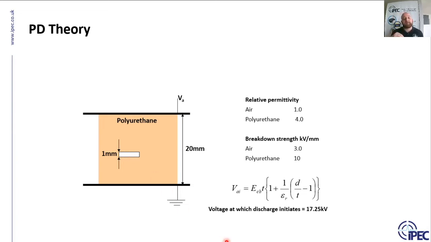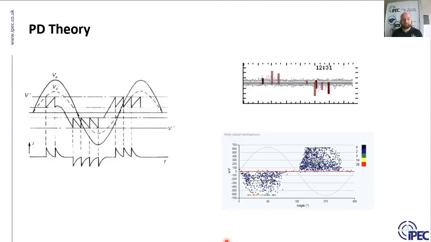Now the discharges themselves are very low in energy, but it is that repetition in that localized area over time which causes the problems. So as we said, at 17.25 kV is when there's a breakdown. This diagram is a little bit complicated, but imagine this line here as the line at which the breakdown occurs, our 17.25 kV charge, if you like.